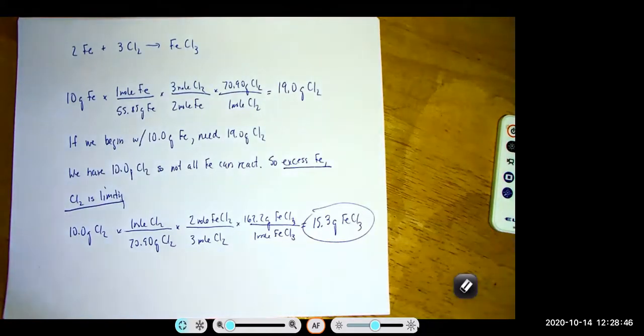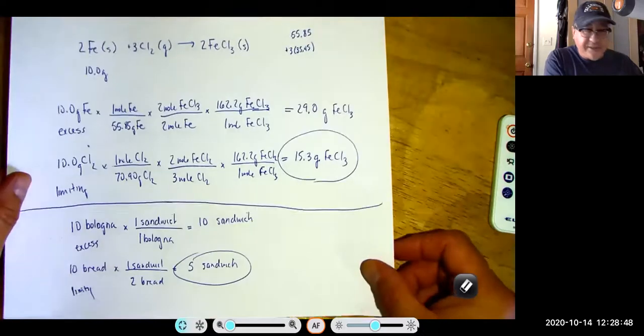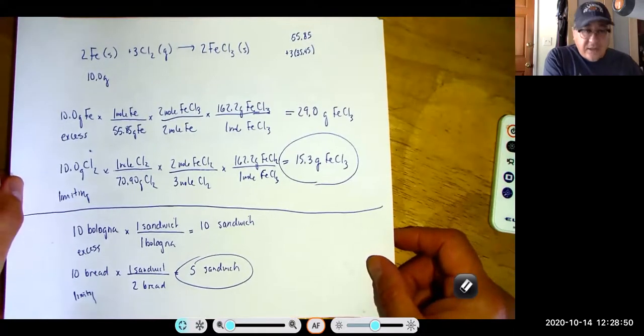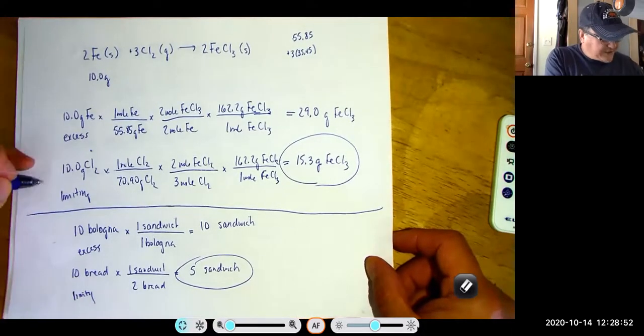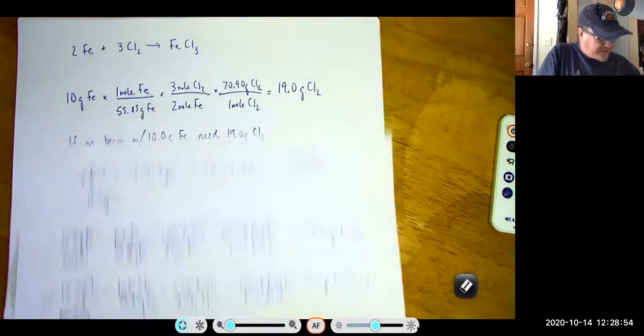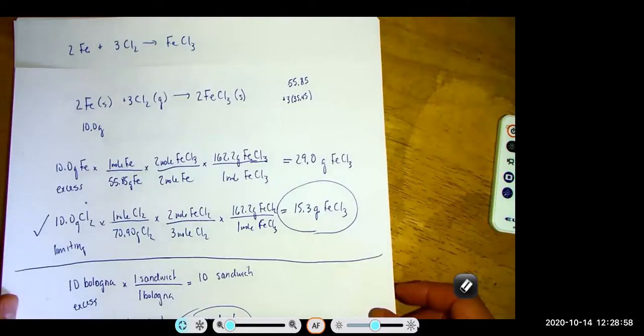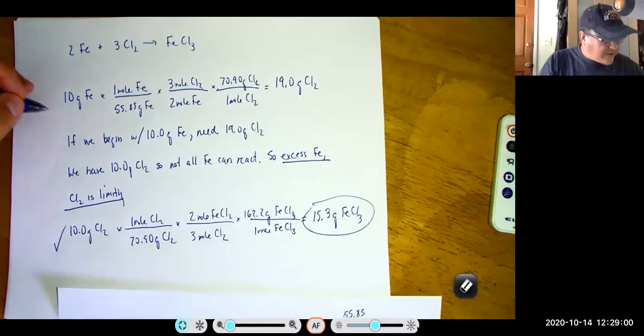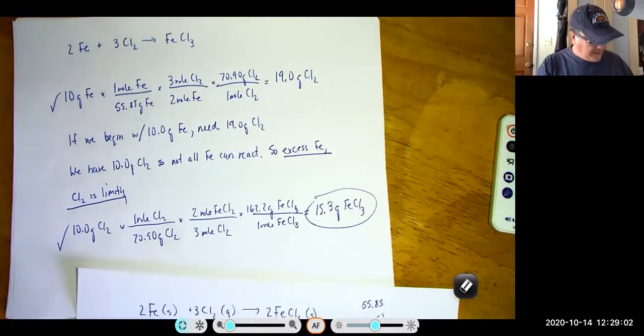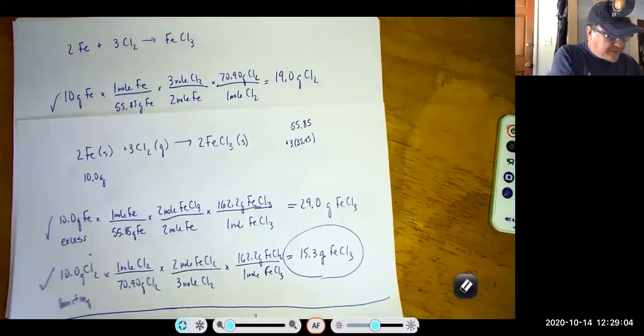So how is this different than this? And the answer is a little different. We did this calculation in both of them. Do you see that? Yeah. Here we did another calculation for both of them, but those calculations are a little bit different.